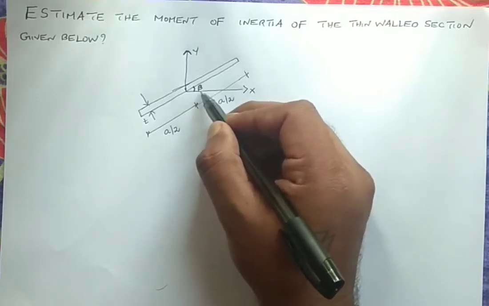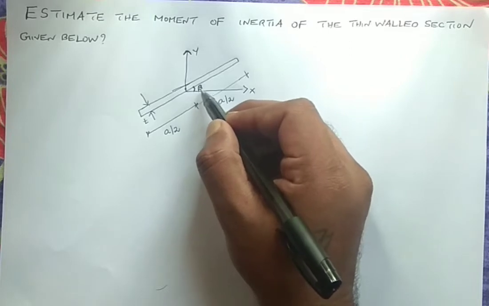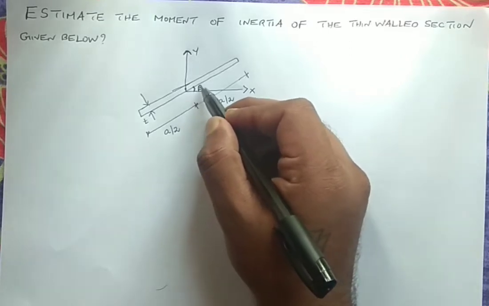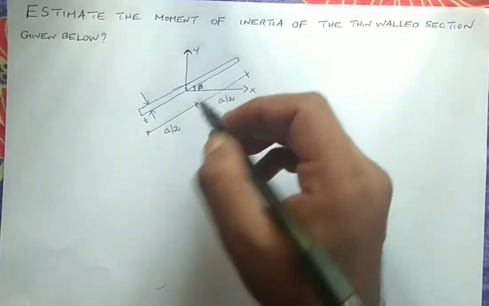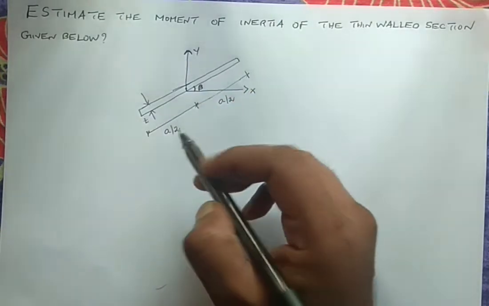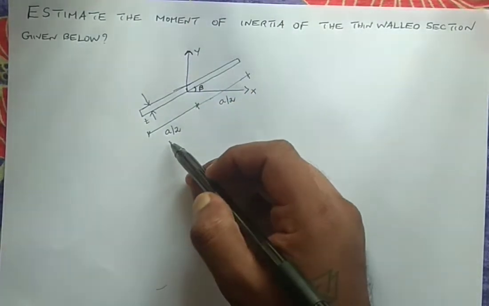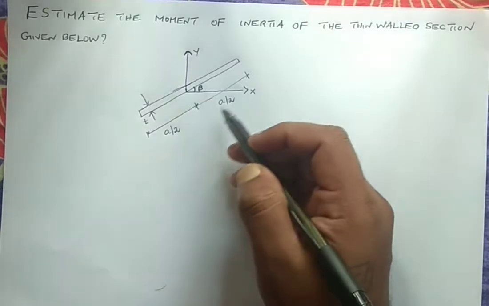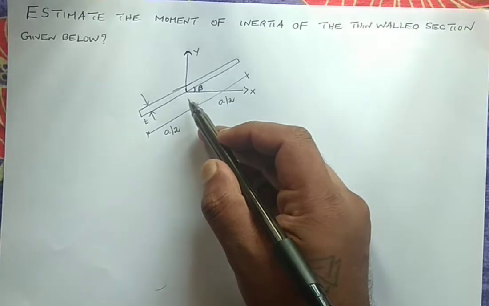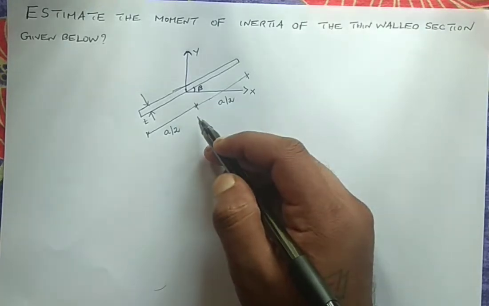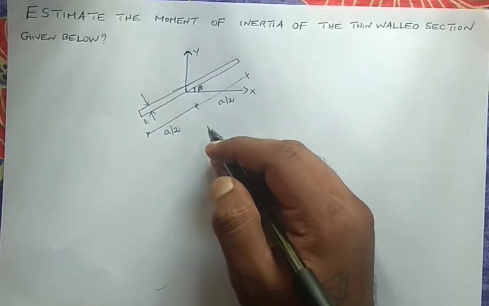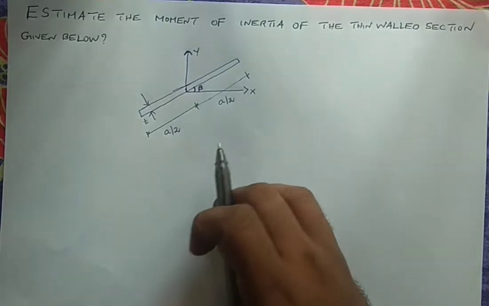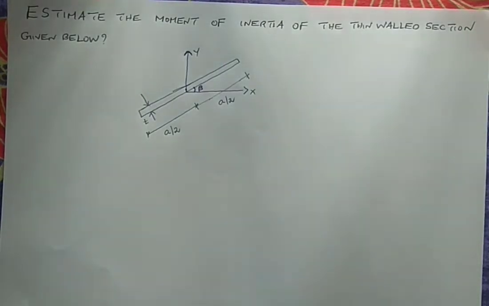The section is divided into two parts, A by 2 and A by 2, at the center. Now we have to estimate the moments of inertia, that is Ixx, Iyy and Ixy.